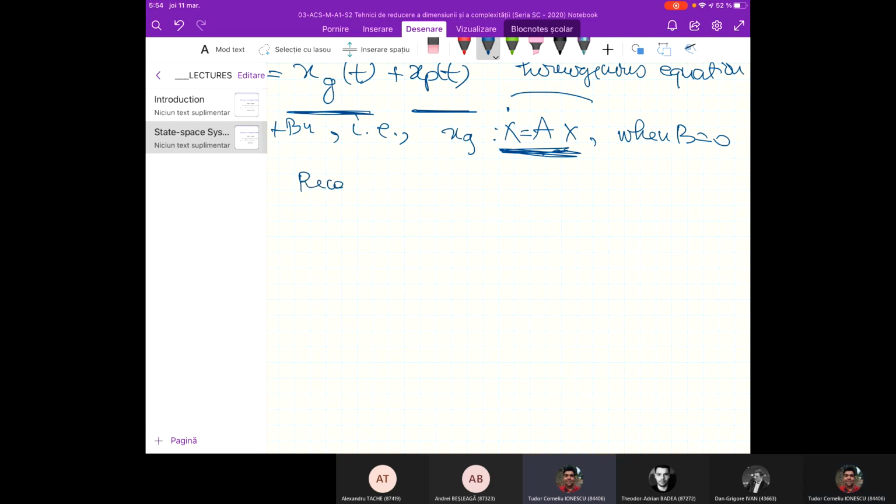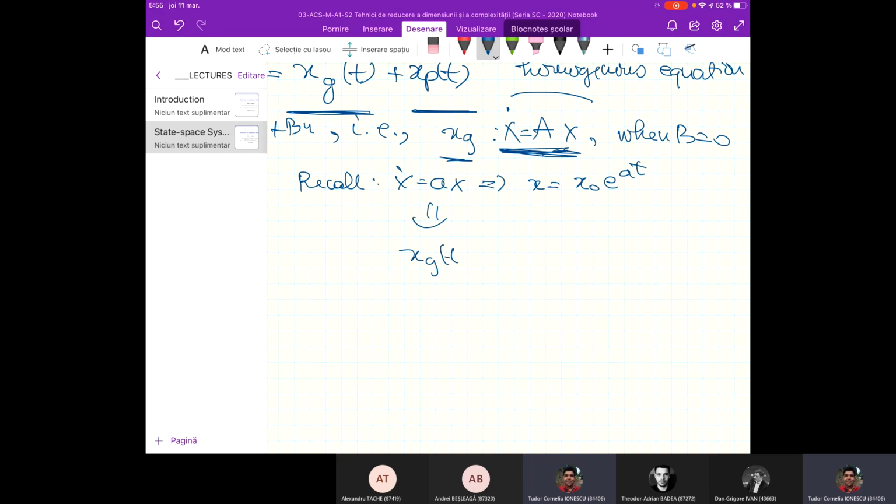Recall, for x dot is ax, in the scalar case, what is the solution? X is the initial condition times the exponential, e to the power at. Correct? Yes. So extrapolating, what do you think the solution of this is?